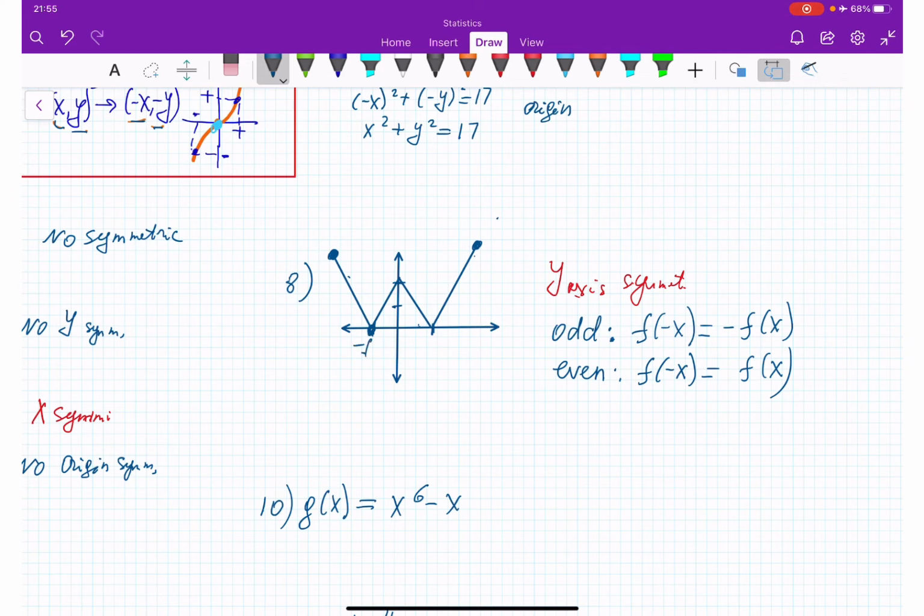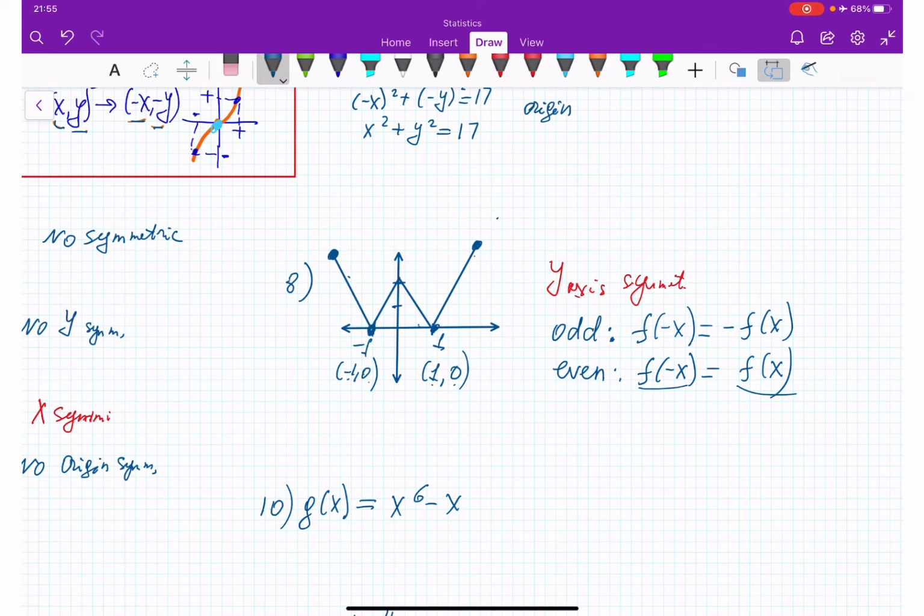So the coordinate here is negative 1 and 0, right? Here is positive 1. So I'm getting positive 1 and 0. This is what even means. Negative x equals the graph of positive x. So negative 1 has y 0. Here positive 1 also has y 0. So when the graph is symmetric to the y-axis, obviously it's going to be even.